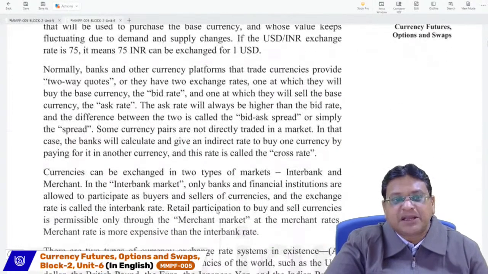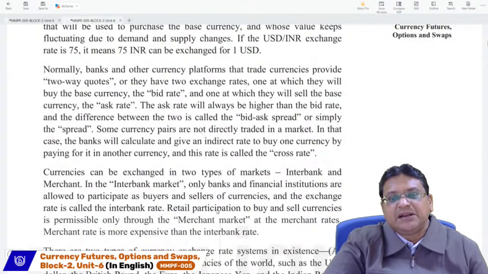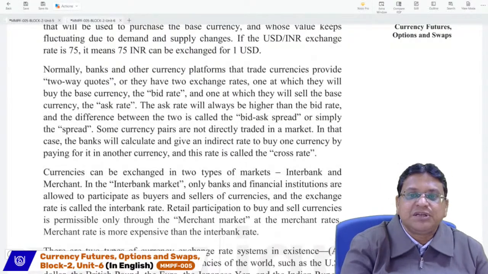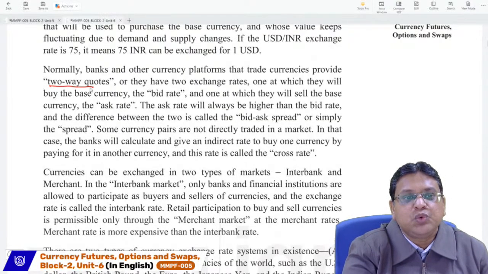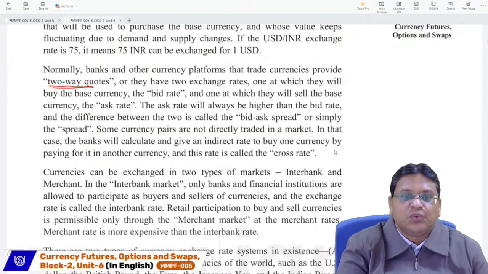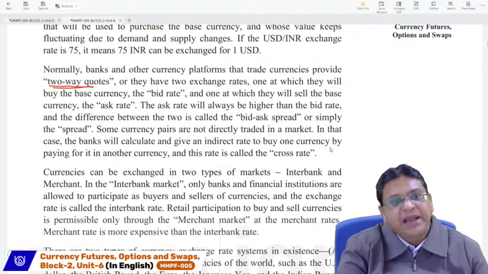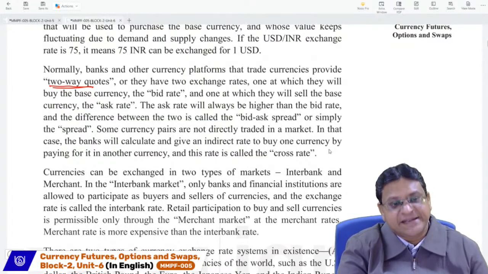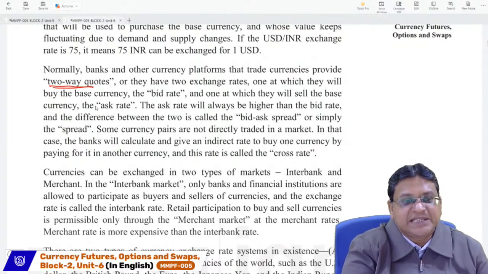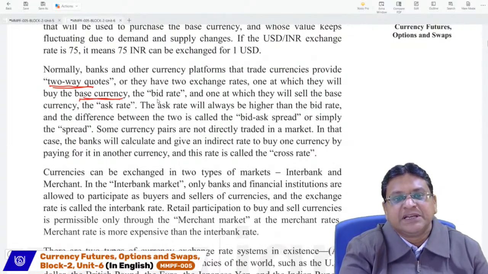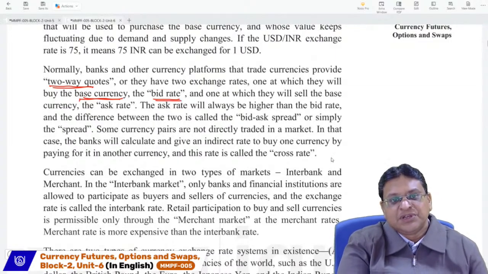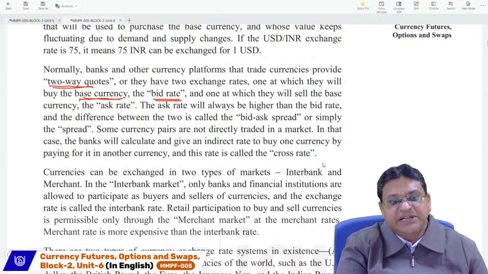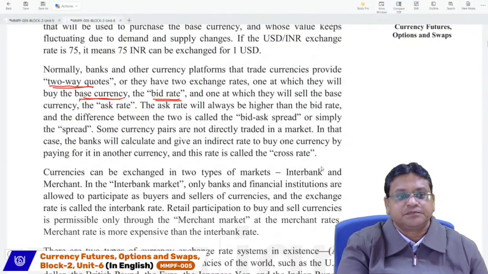Normally, in currency market, there is a player who is known as market maker. Who is a market maker? A market maker is a person who provides a two-way quote. What is a two-way quote? He is ready to buy and he is ready to sell base currency at a rate. The rate at which he is ready to buy base currency is known as his bid rate. So bid rate is the rate at which the market maker is ready to buy base currency.